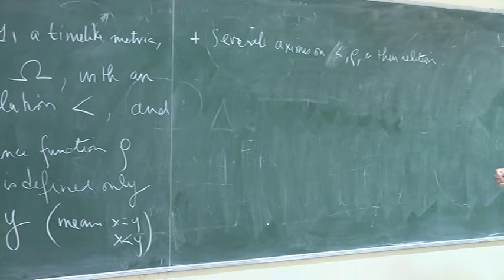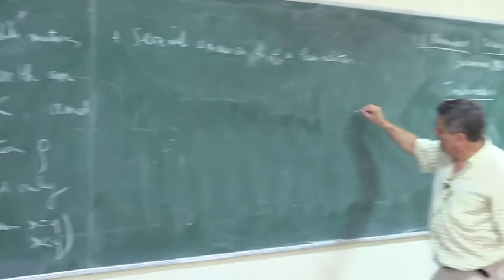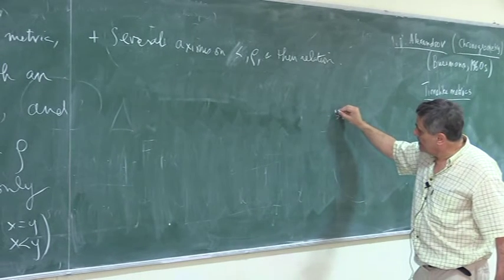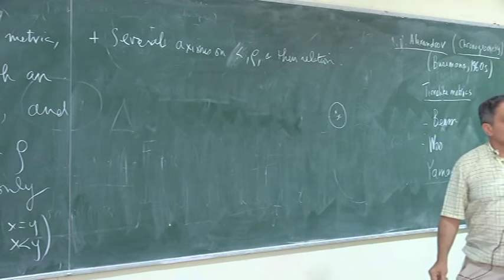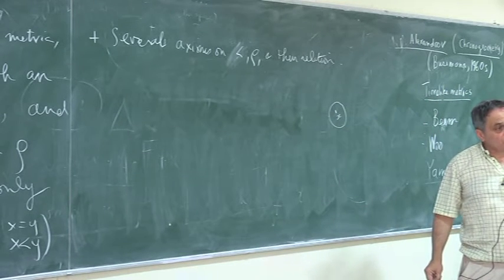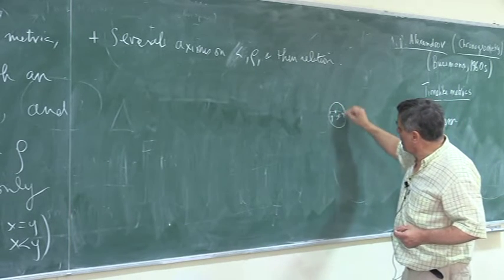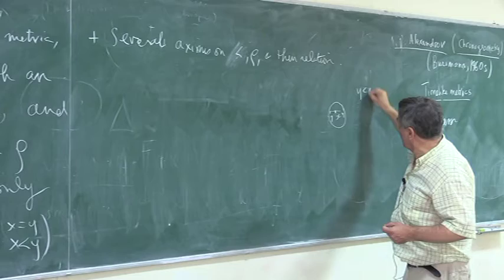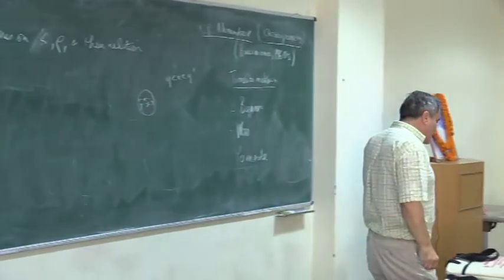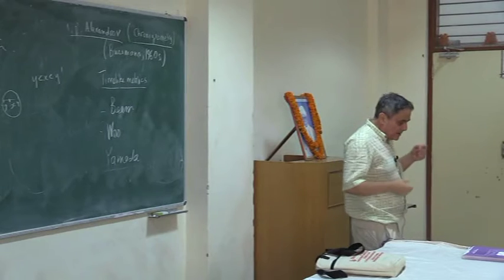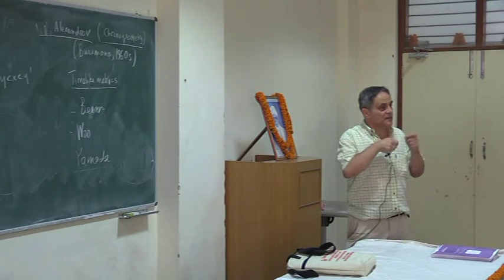For instance, one of the axioms will tell you that for every point x in your space and every neighborhood of x, you have 2 points, y and y prime, such that y less than x less than y prime. Something natural, you know, like he wants axioms for existence locally of geodesics.